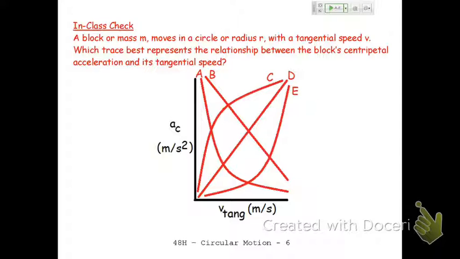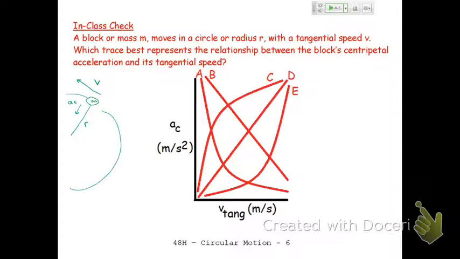So we say a block of mass m moves in a circle of radius r with a tangential speed v. Took a picture, that's what I saw. Which graph best represents the relationship between the block's centripetal acceleration, AC, and its tangential speed?